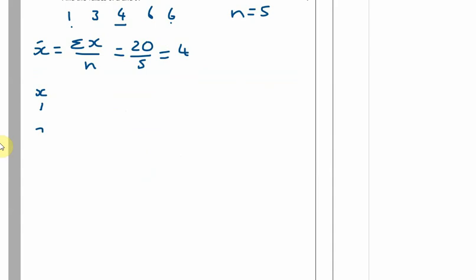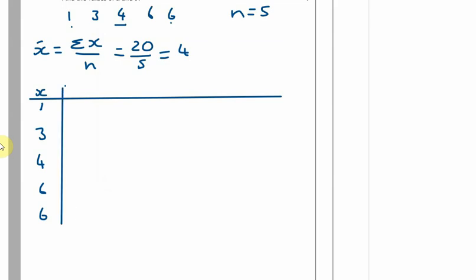I've got 1, 3, 4, 6, and 6. Every time you see standard deviation, this is what should be going through your head. I know what my x is. I've just worked out my x bar, that's the first point. And the next bit, I'm going to do x minus x bar.